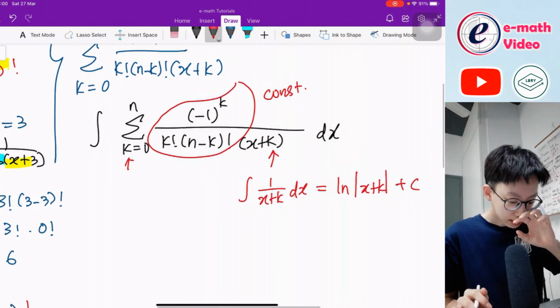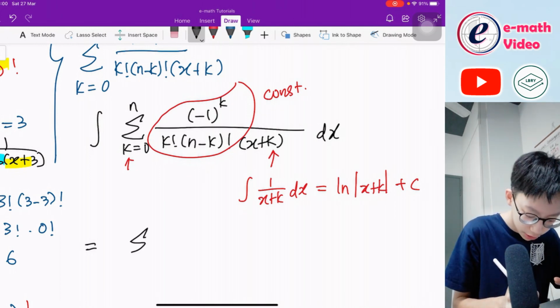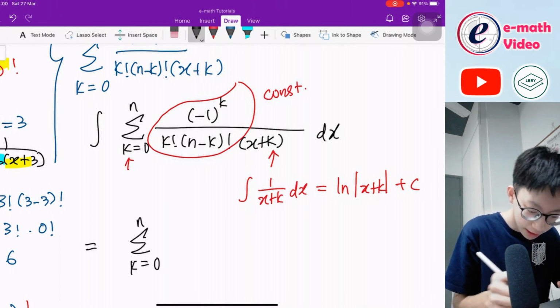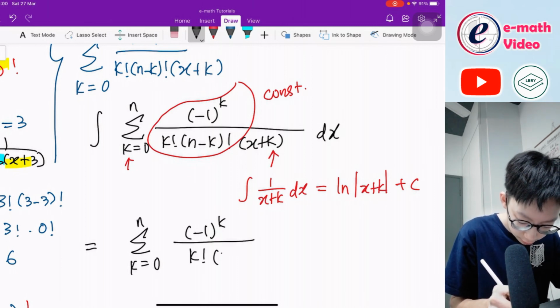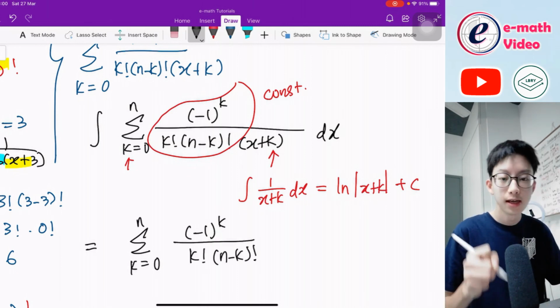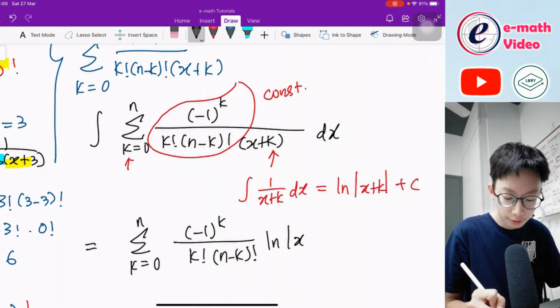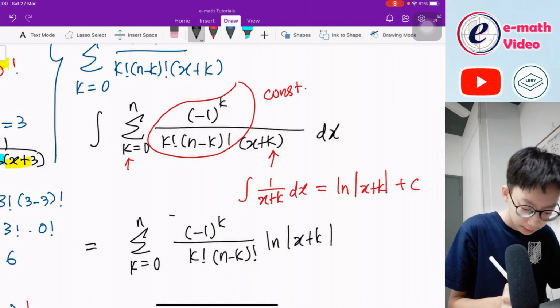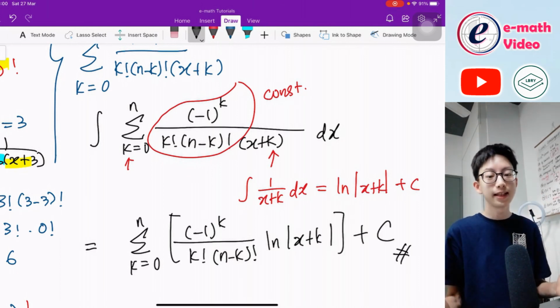Okay. So last but not least, this integral will just be the summation of k equals 0 to n of negative 1 to the k, k factorial n minus k factorial times the natural log, ln absolute value of x plus k. You bracket the whole thing plus c, and that's it.